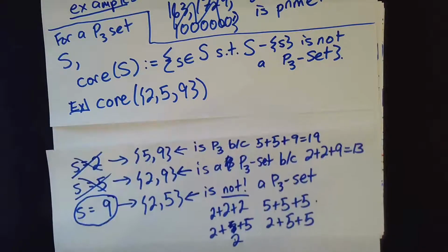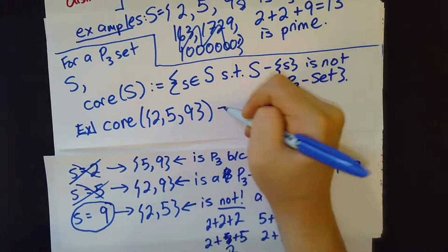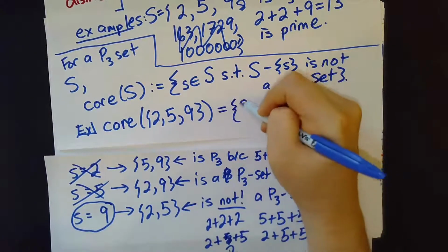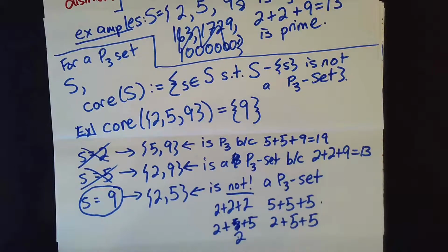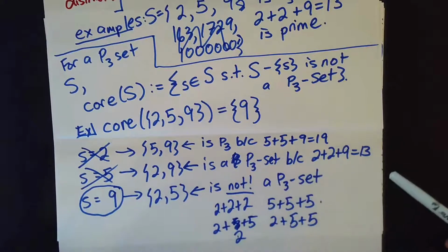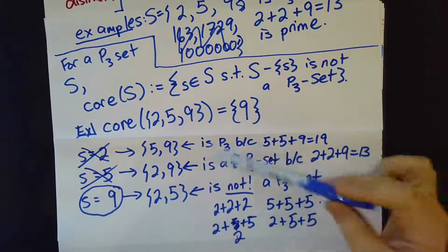And so what we've just calculated is that, in fact, the core of the P3 set 259 is the set whose only element is 9. And so one way to think about what the core is describing is the core is describing the set of elements of your set that appear in every way of writing down a prime.